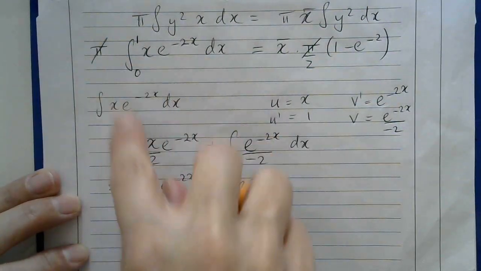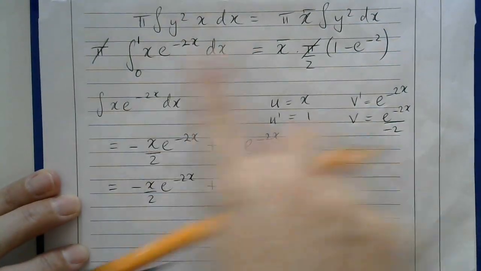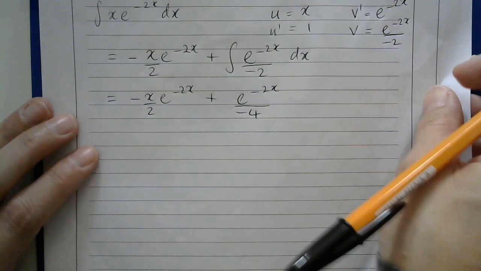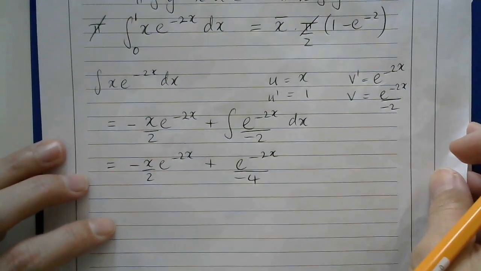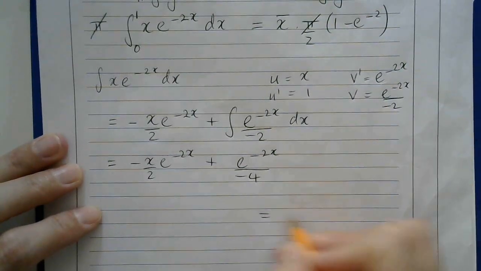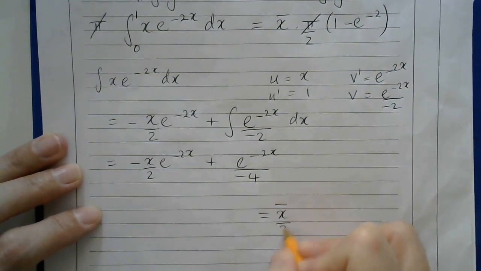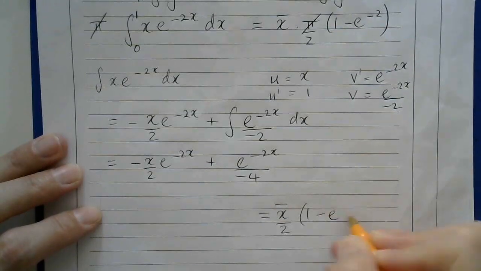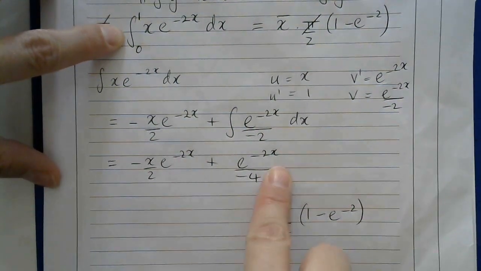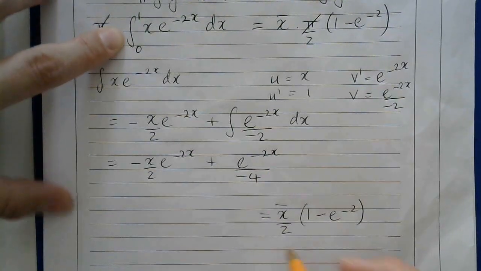So if I'm going to evaluate this from 0 to 1, I'll come back to here, and I'll just leave it so that you can see that. On the right hand side, I have x bar over 2, 1 minus e to the negative 2. And here I have this evaluated from 0 to 1.